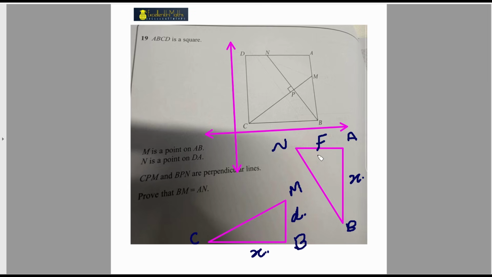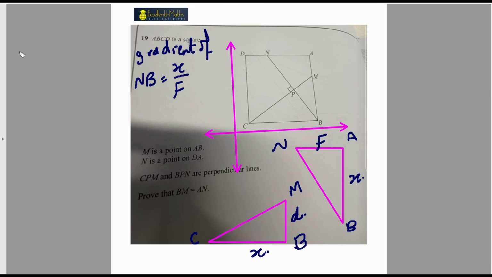Now I need to find the gradient of this one. The gradient of this one is the vertical one divided by the horizontal one. So the gradient of NB equals x over f. Now let's find the gradient here of CM.